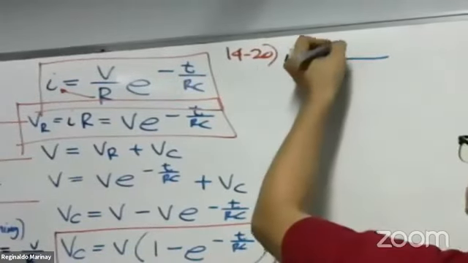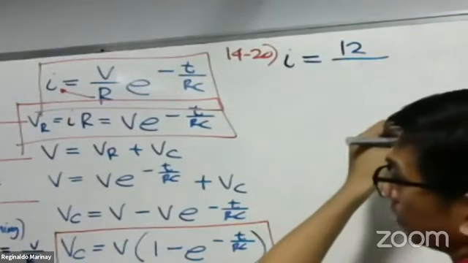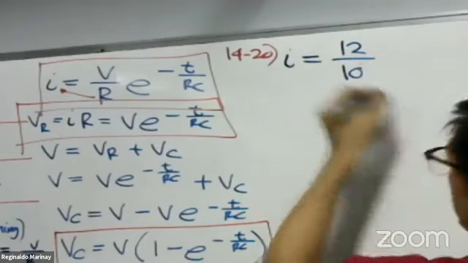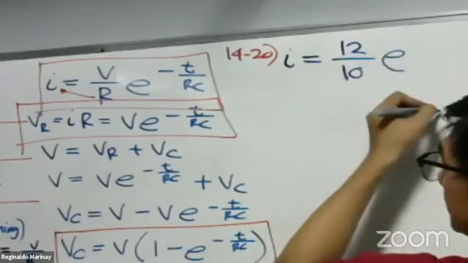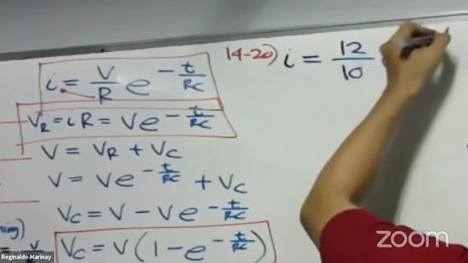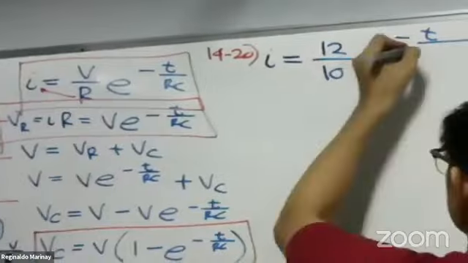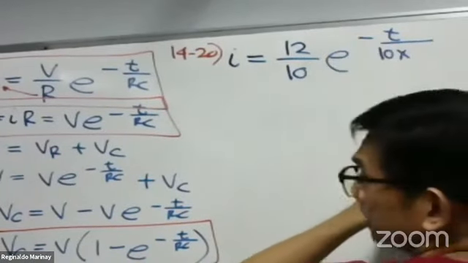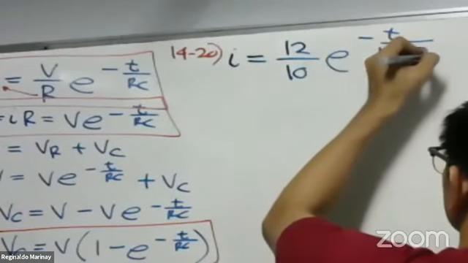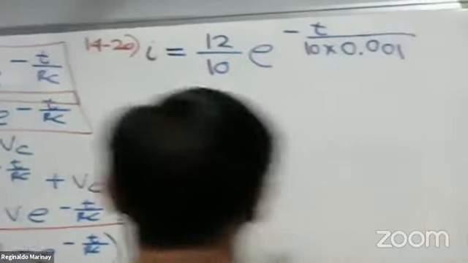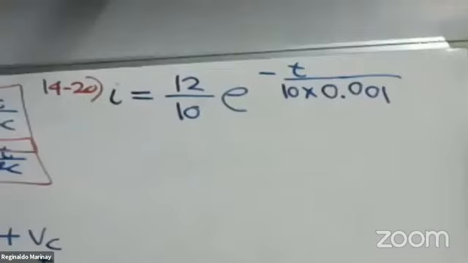Then our R is 10 ohms. Then we have here our e raised to negative t over RC. But what is our R? 10. Our C is 0.001. There you are. No?